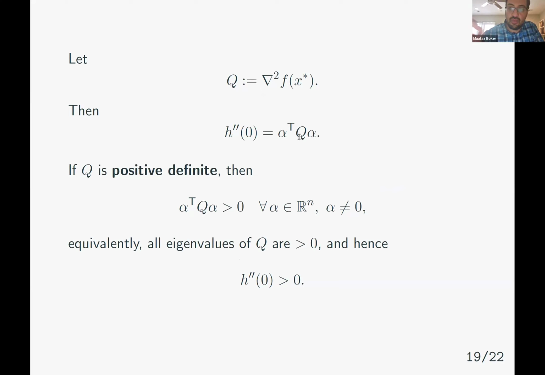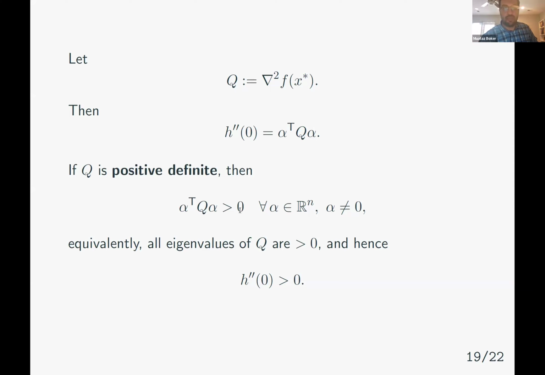So Q is a symmetric matrix, and alpha is a vector. If Q is positive definite, then that makes alpha transpose Q alpha positive. Keep in mind that alpha transpose Q alpha is a scalar.